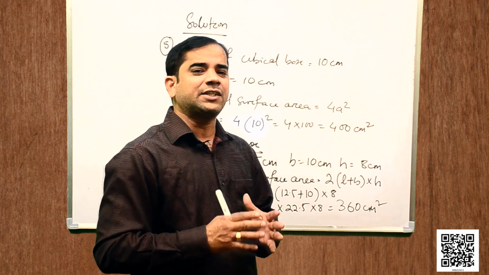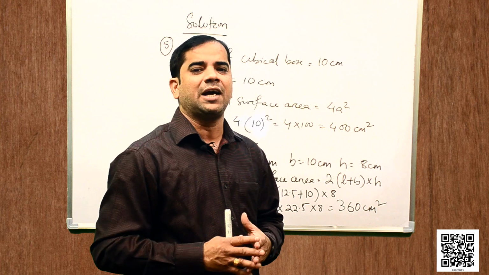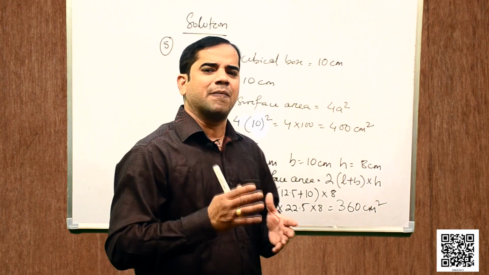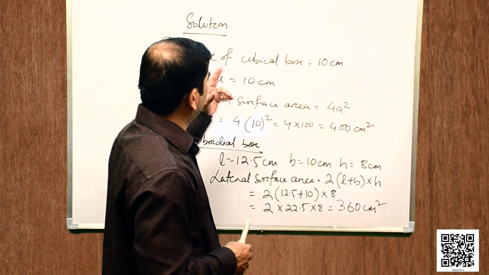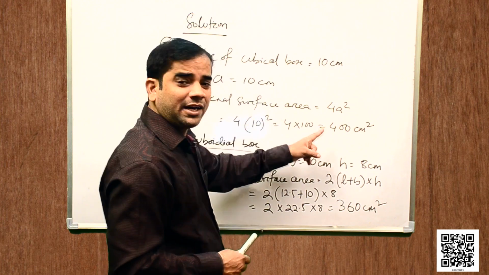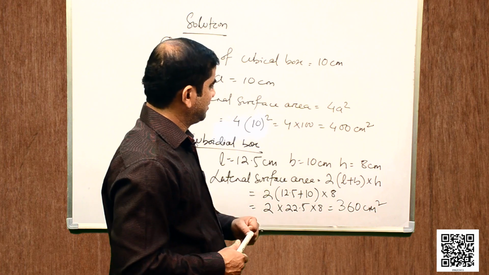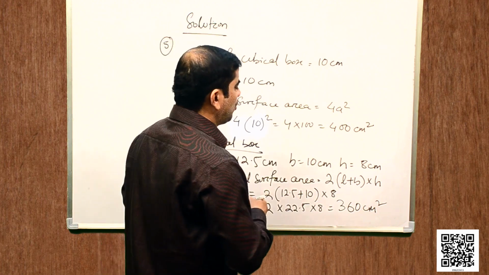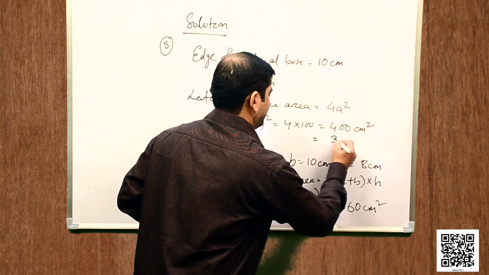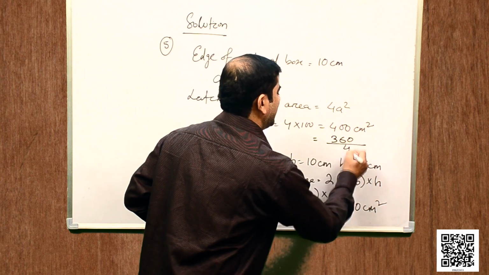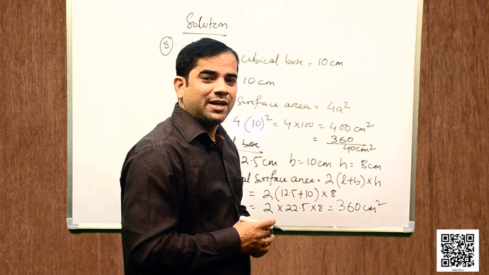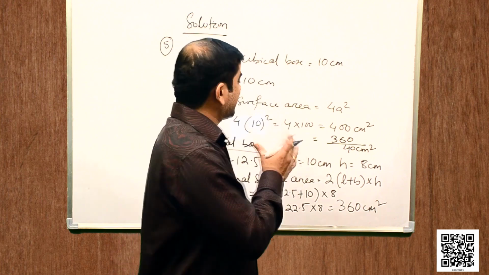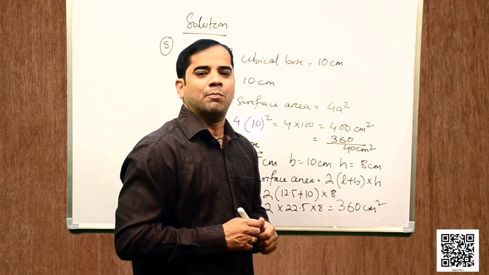The first question says which box has the greater lateral surface area and by how much? Clearly the cubical box has greater lateral surface area, and by how much we can find by subtracting: it has 40 centimeter square more lateral surface area than the cuboidal box.